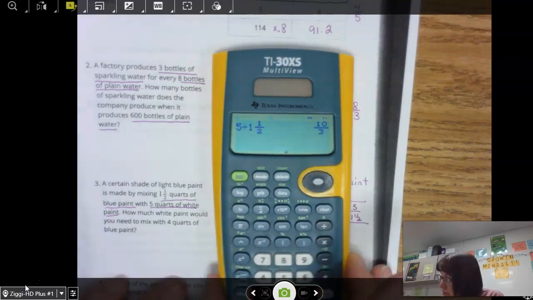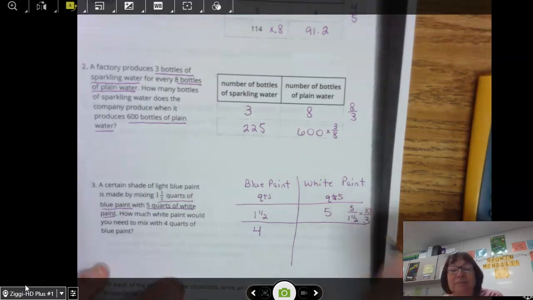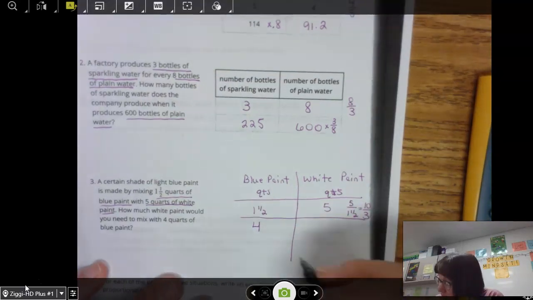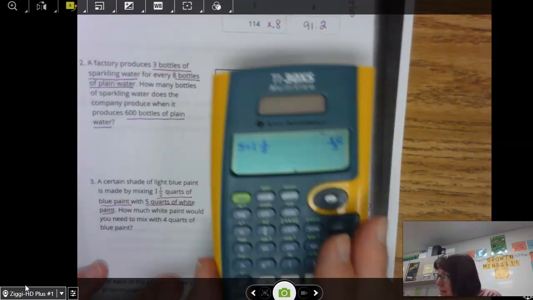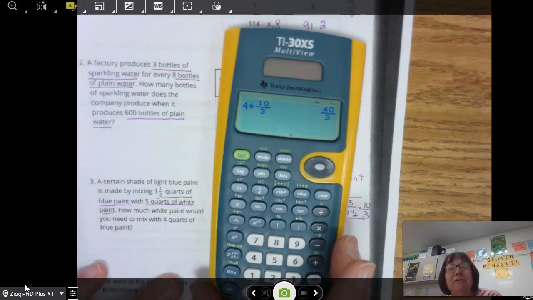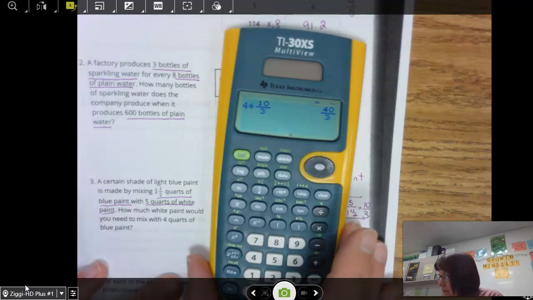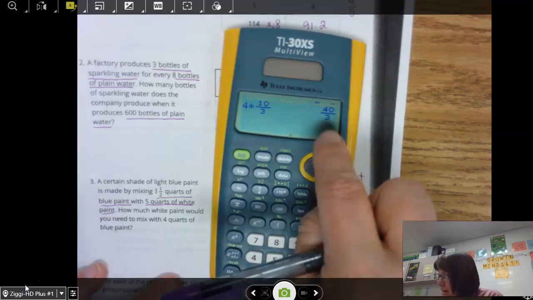So 10/3 is my constant. I multiply 4 times the constant to get the empty box. So 4 times 10/3, and you get 40/3. Now, this is probably going to make more sense if I go ahead and find the mixed number.